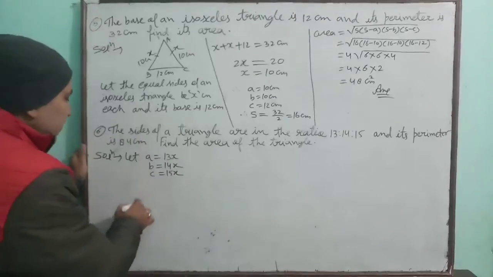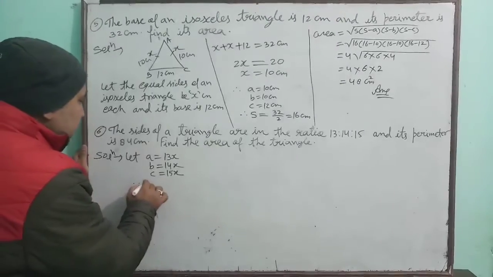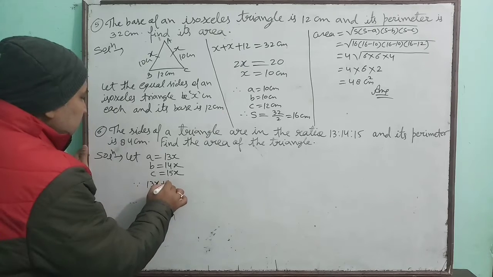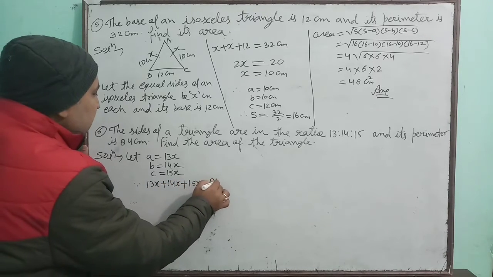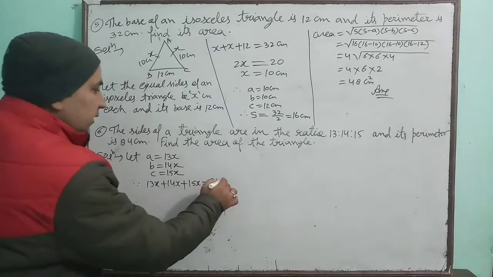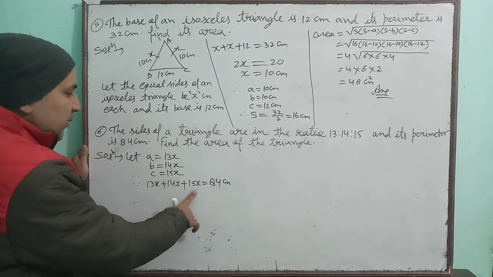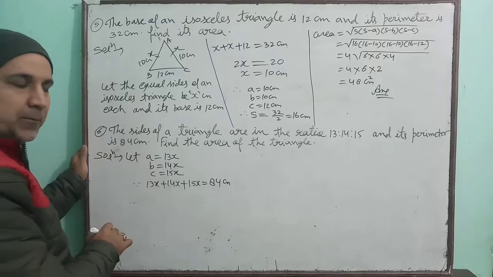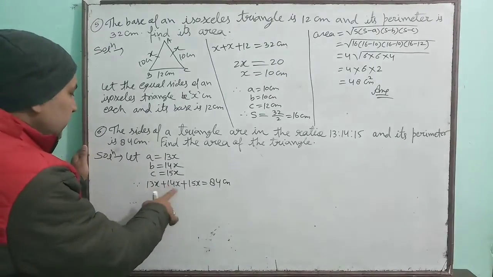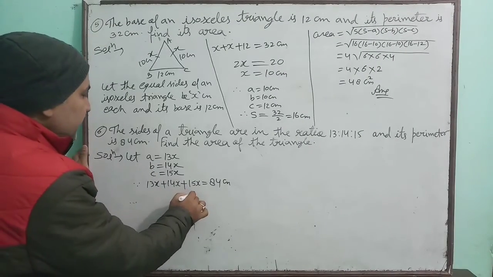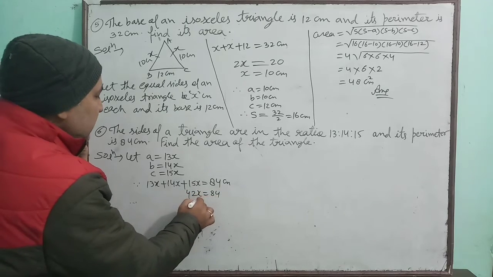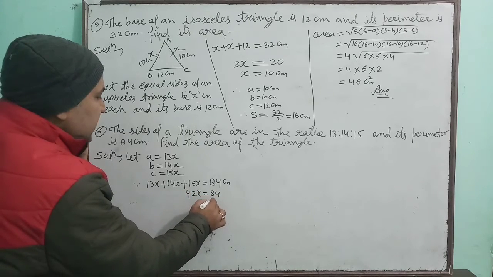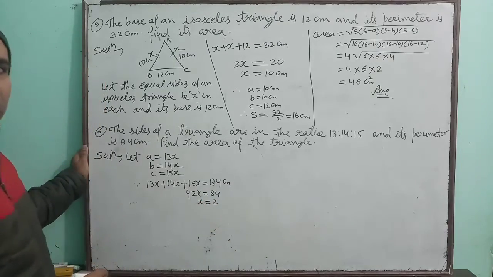Because if something is given in ratios, then we attach one variable with that. Now after this, since 13x plus 14x plus 15x is equal to 84 centimeter, because the sum of the sides is the perimeter. So what will be the value here? 13 plus 14 plus 15 is 42. 42x is equal to 84, which means x is equal to 2.